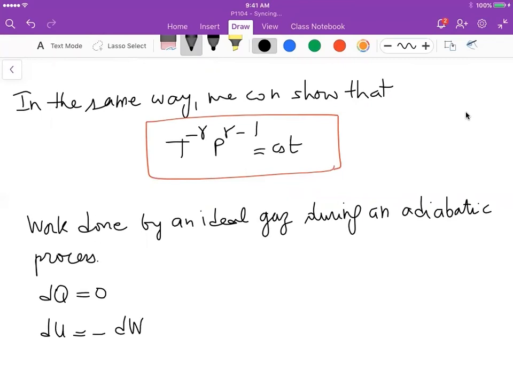And since dU is equal to nC_V dT, from here we can write down immediately that dW is equal to minus dU. So it is equal to minus nC_V dT.